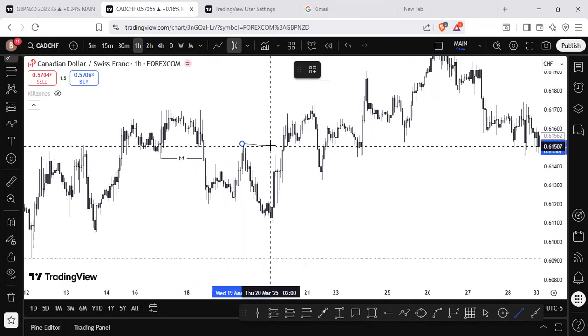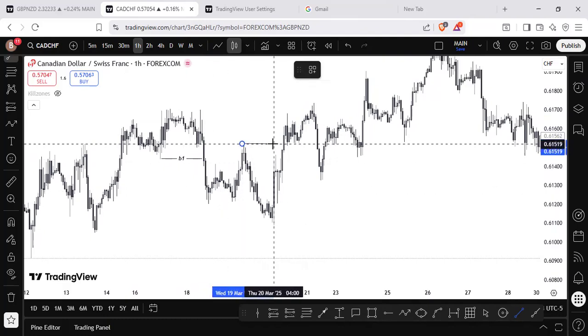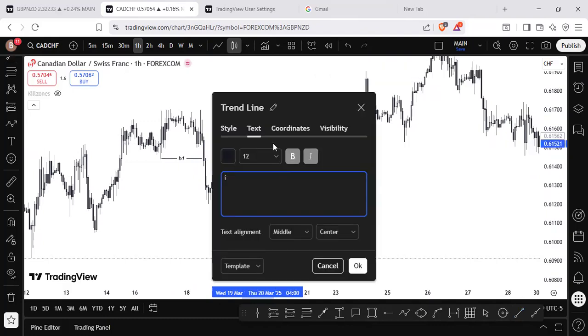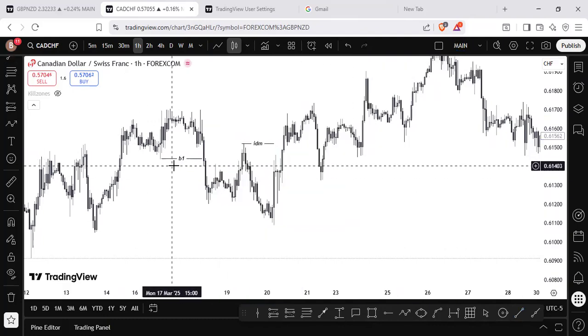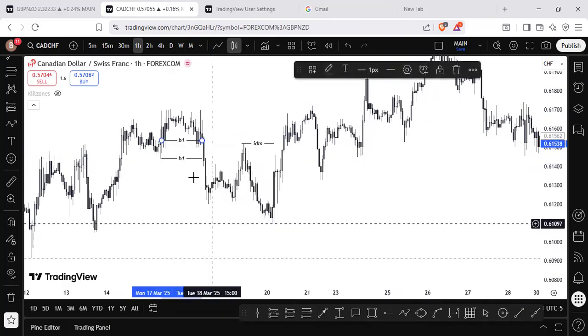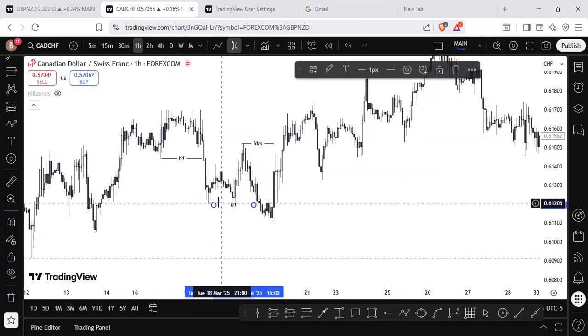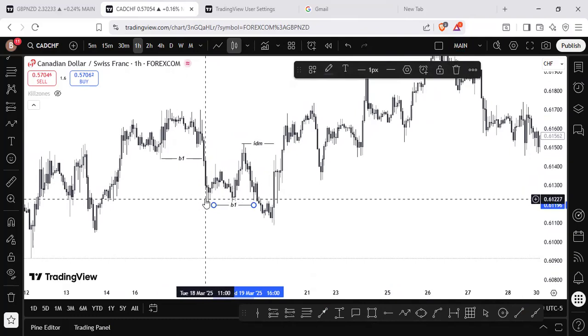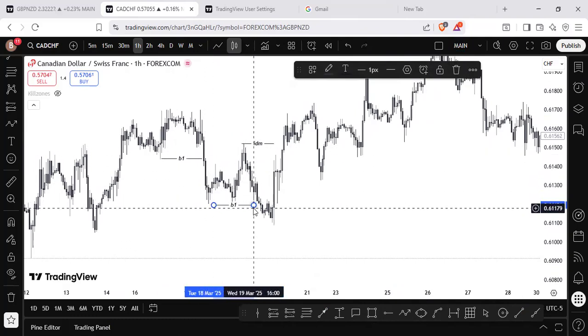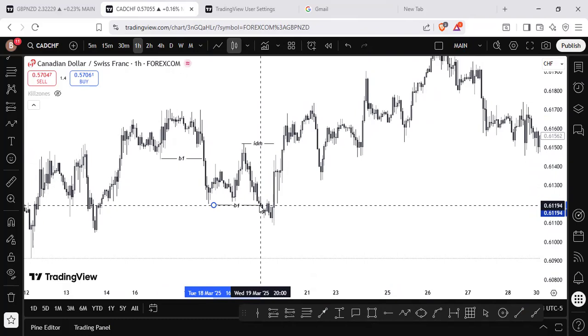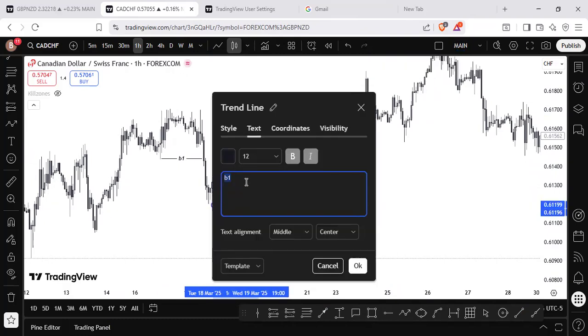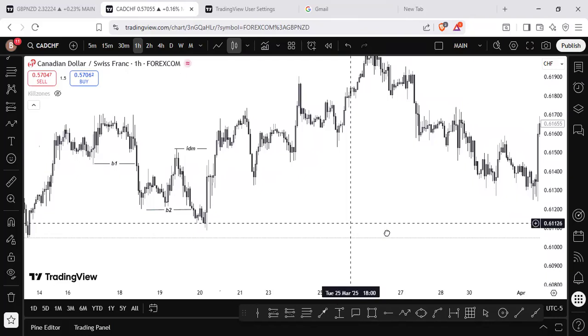Then this would be your inducement, IDM. The IDM will give you your B2. It wasn't confirmed until the market closed below this zone, that was where the second breakup structure was confirmed. So we tag this one B2, your second breakup structure.